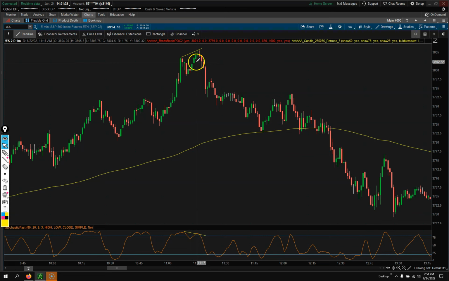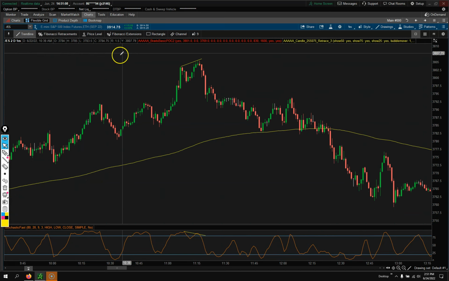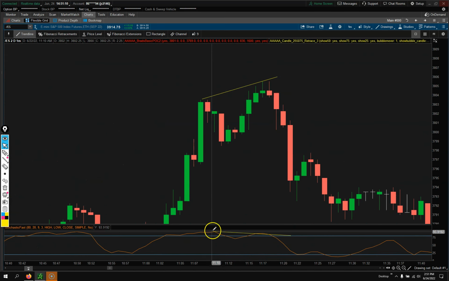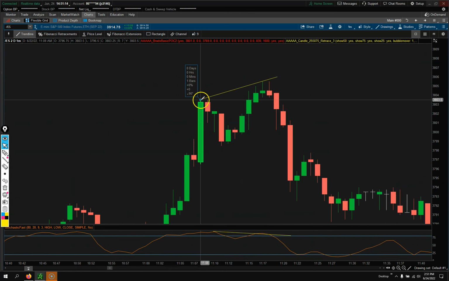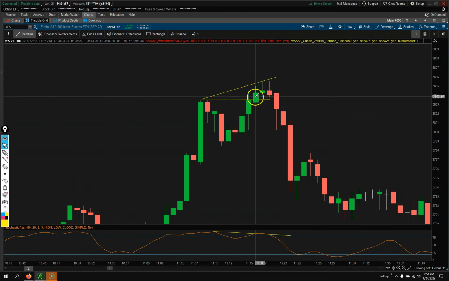Now, I like to use the waterfall. Essentially the divergence is confirmed when we see this and price goes up and we're making new highs like we are here, and we're in what's called a reverse waterfall where we have higher lows.